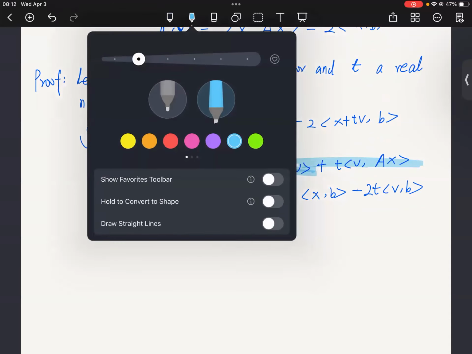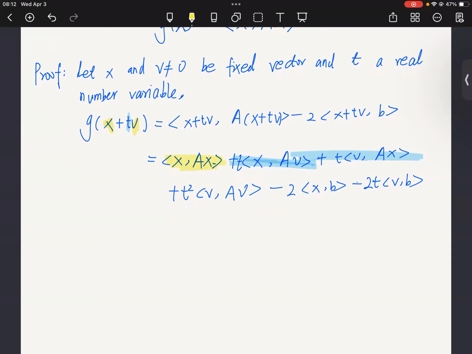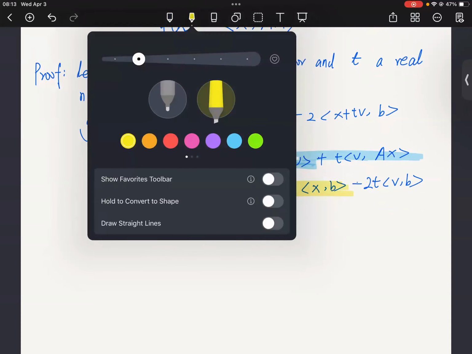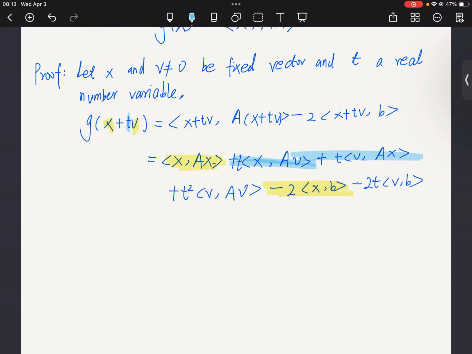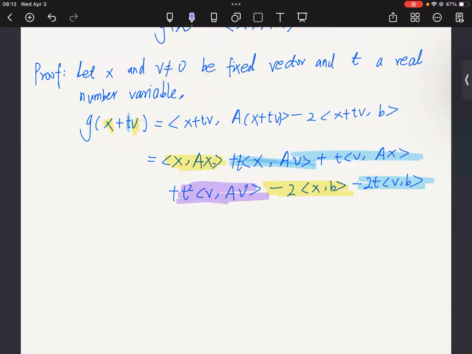The constant term we have here is the XAX and the minus 2XB. And we have one more thing here, the t variable, and this is also first order. Then the second order, we have the t square.